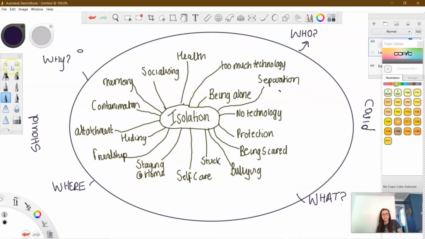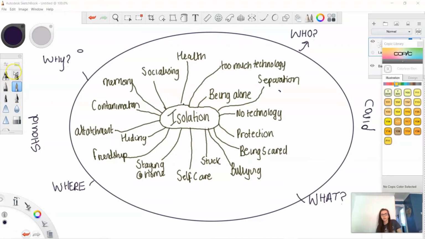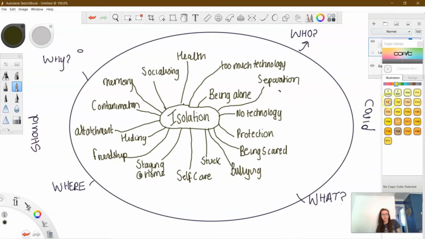Now from this, I might then want to go ahead and think, well, actually, which one do I like the best? So I might want to look at this hiding one, because I quite like the idea of people hiding.